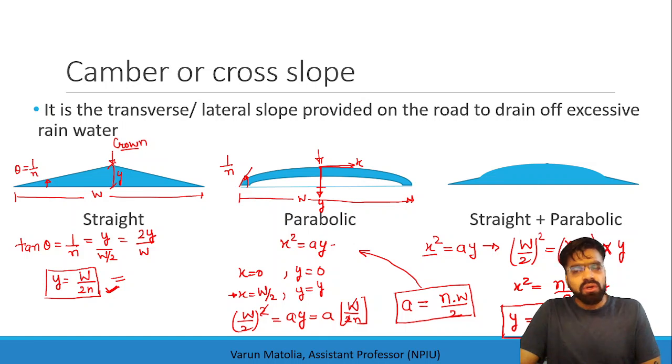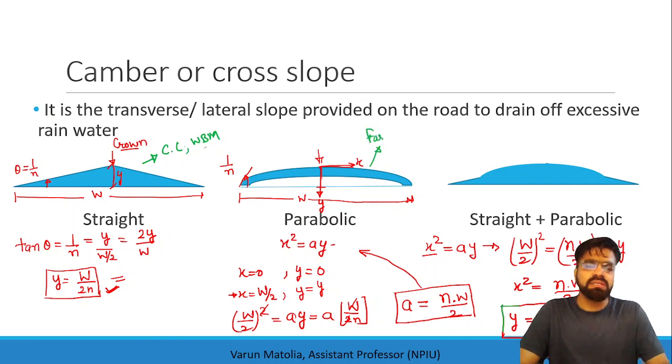So in case of fast moving vehicles, this parabolic camber is used. The straight line camber is generally used for CC roads or slow moving roads like WBM, and parabolic camber can be used for fast moving vehicles. So this is the type of camber which can be provided.